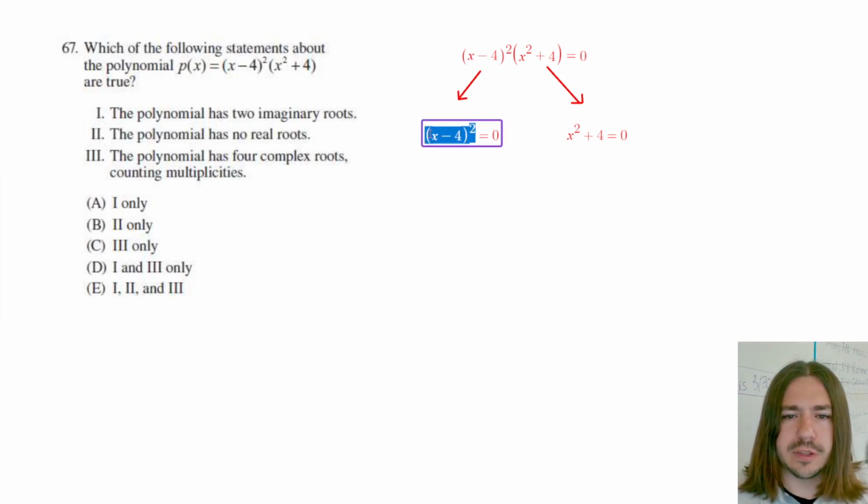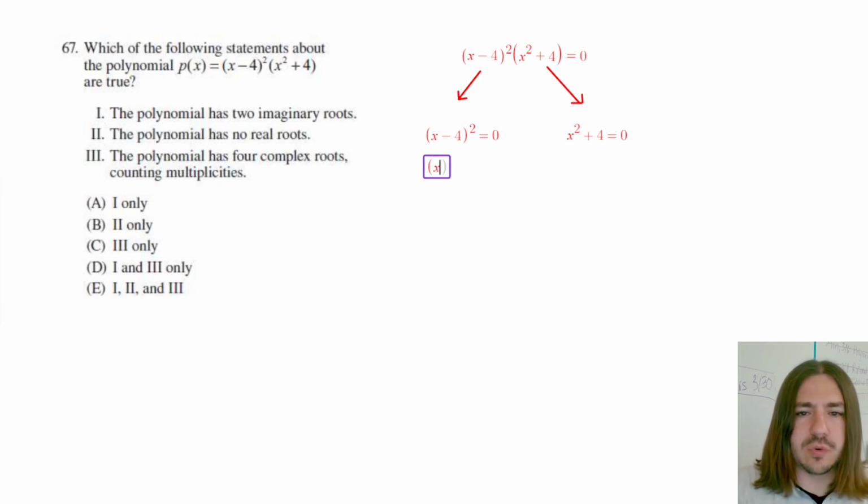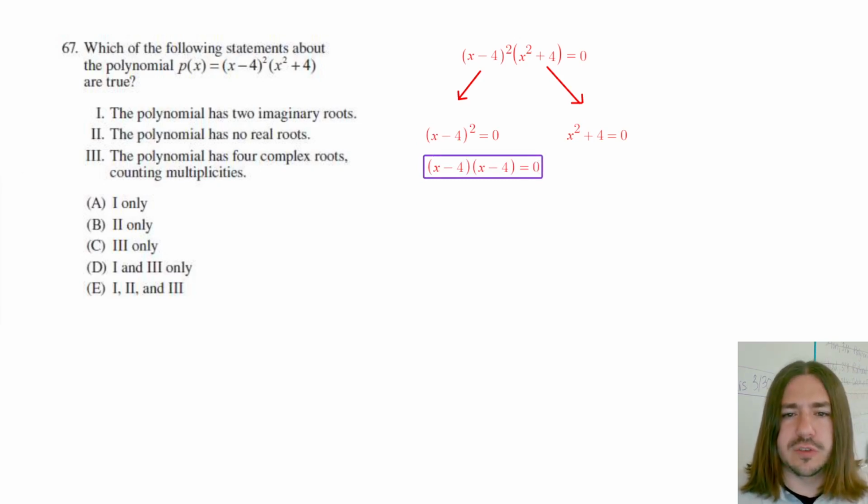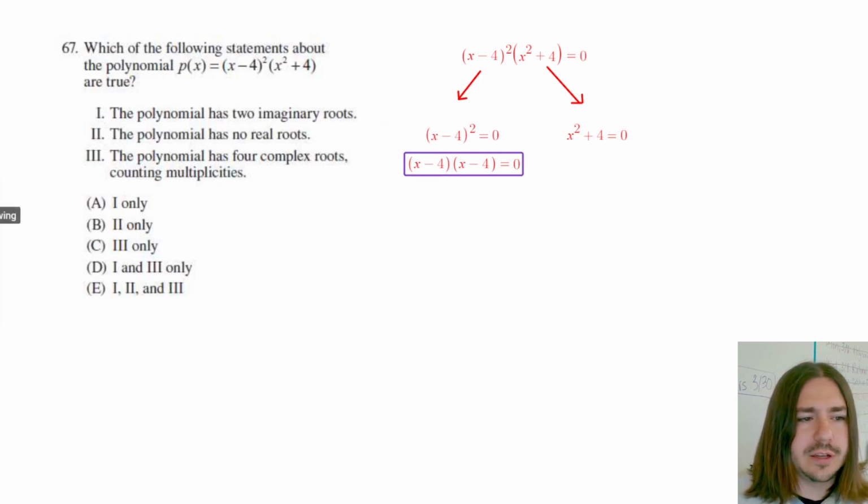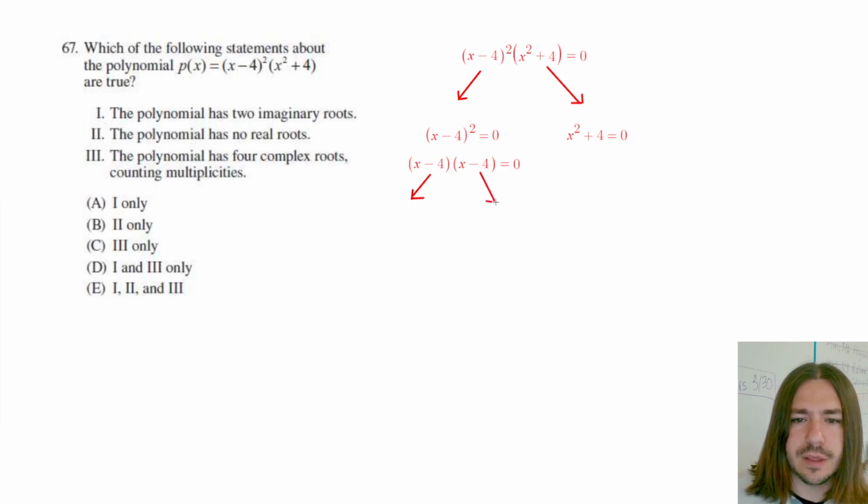We can split up (x - 4)^2. That's the same thing as saying (x - 4)(x - 4) = 0, and we can use the zero product property once again to figure out these two roots. So we're going to split that up one more time and set each one of those equal to 0.